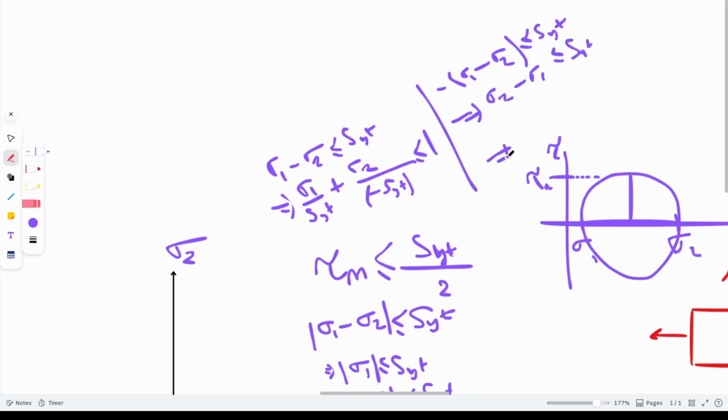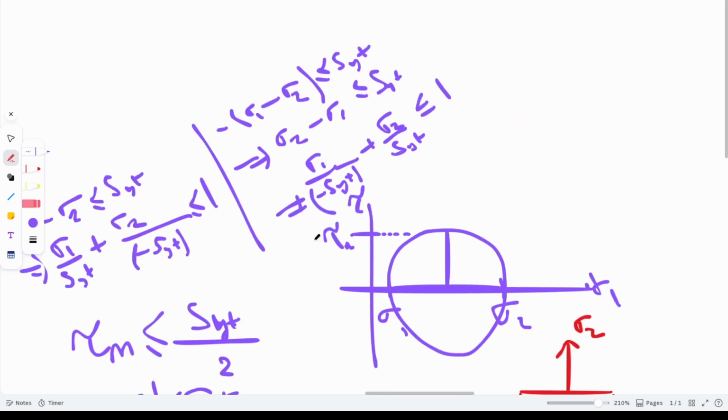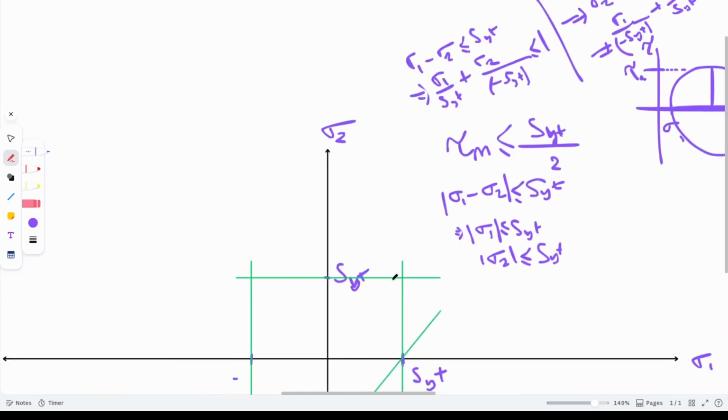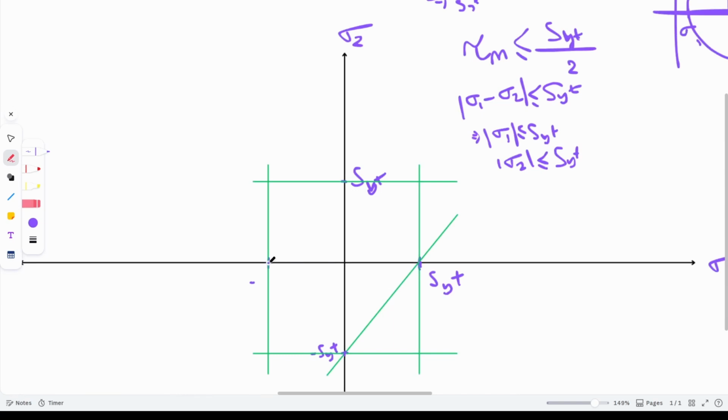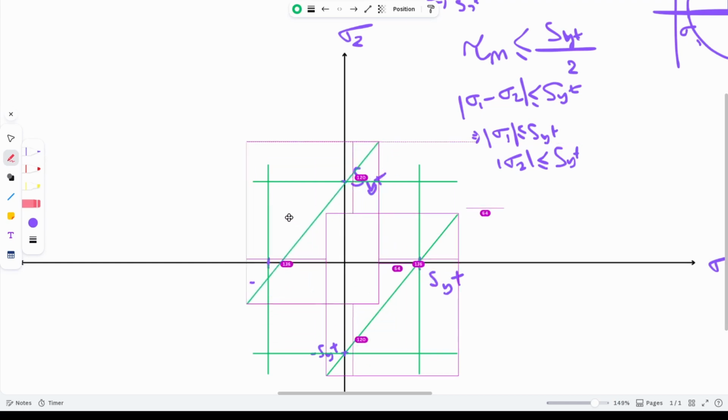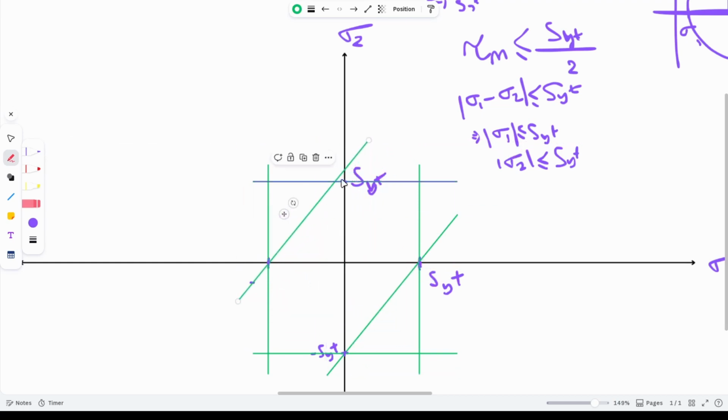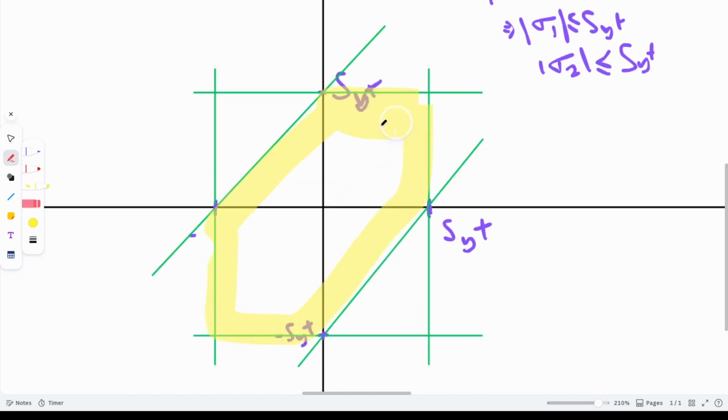And if I write this in the intercept form as well, that is going to be sigma 1 divided by minus SYT plus sigma 2 divided by SYT is less than or equal to 1. Now for sigma 1, the intercept becomes minus SYT, and for sigma 2, the intercept becomes SYT. So if I drag this line over to there, we will have an equation like that. My drawing is not really that good, because otherwise the lines should have been parallel. This is the safe region when you are following the maximum shear stress theory.